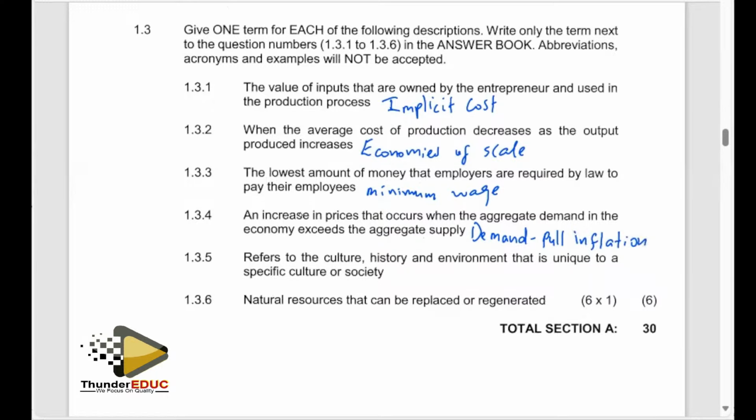Okay, right. So now let's check out 1.3.5. It reads as follows, refers to the culture, history, and environment that is unique to a specific culture or society. So this is indigenous knowledge.